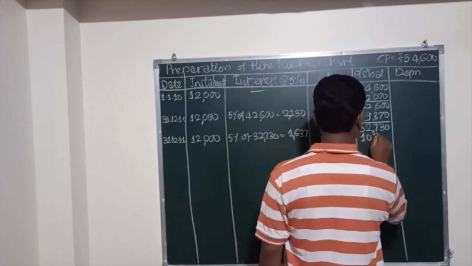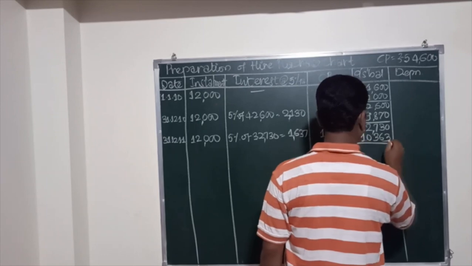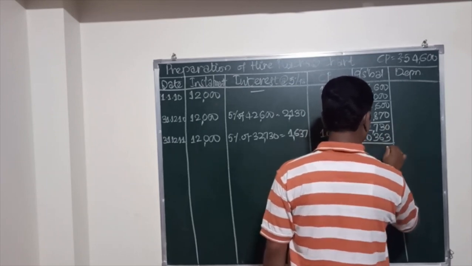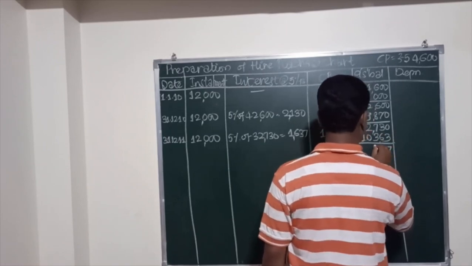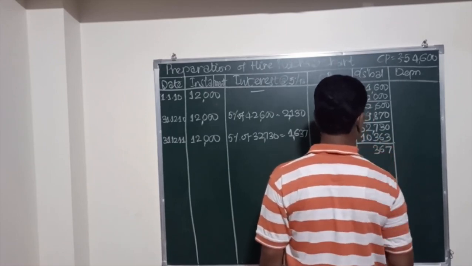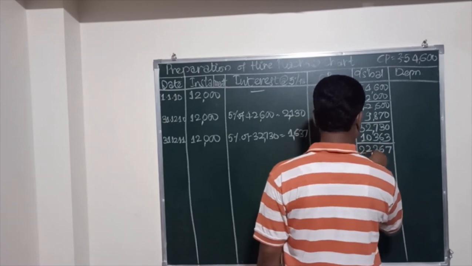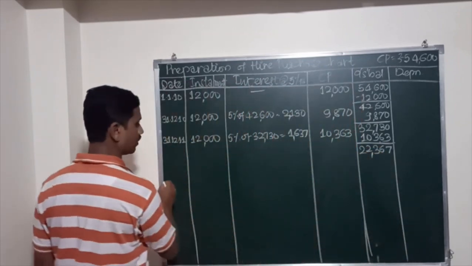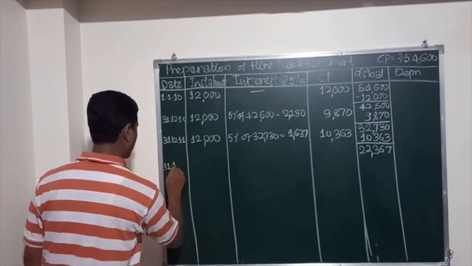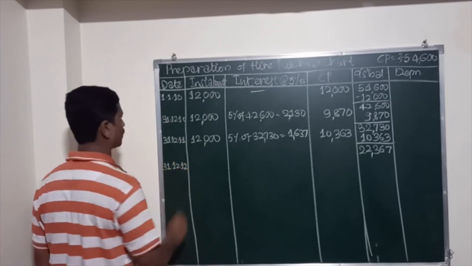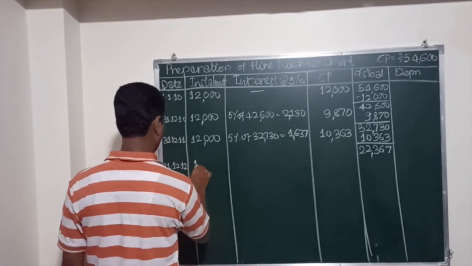When you subtract this 10,363 from the outstanding balance, the answer here is 22,367.